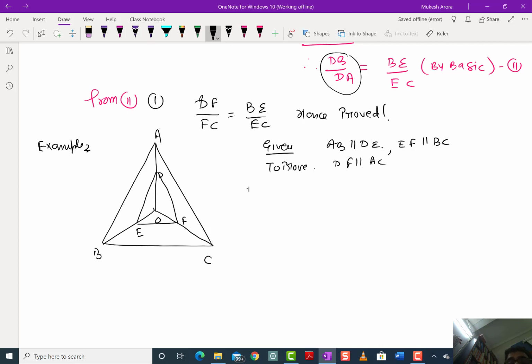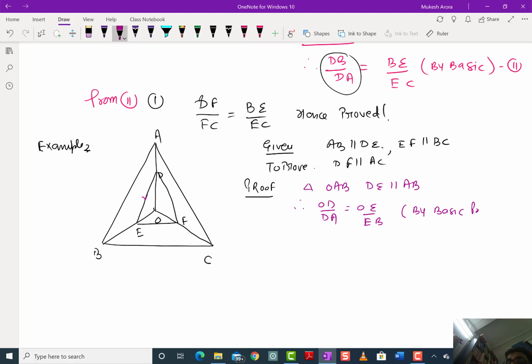So the proof. In triangle OAB, DE is parallel to AB, therefore OD upon DA is equal to OE upon EB by the basic proportionality theorem.